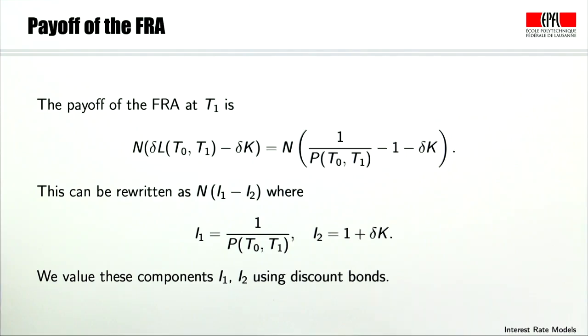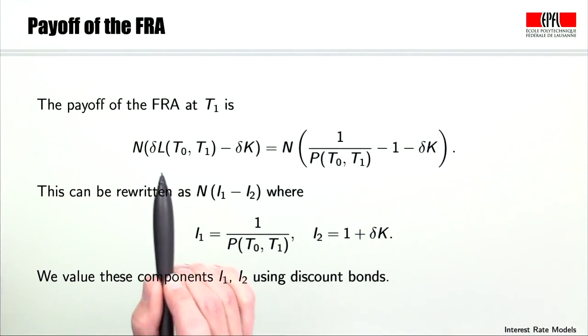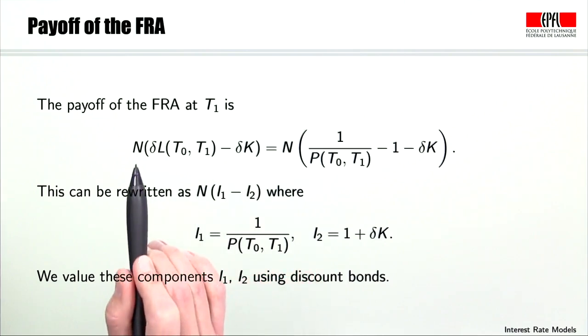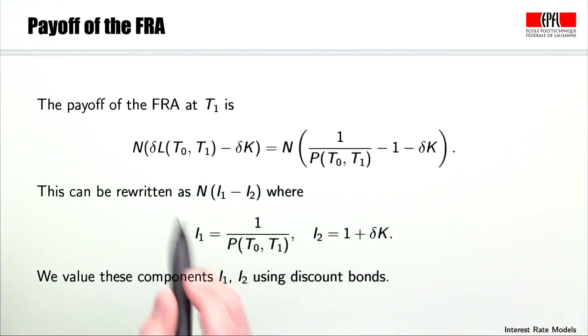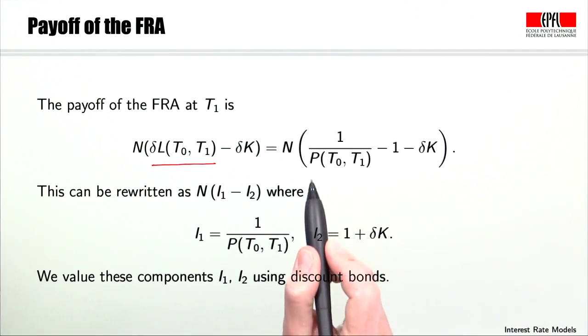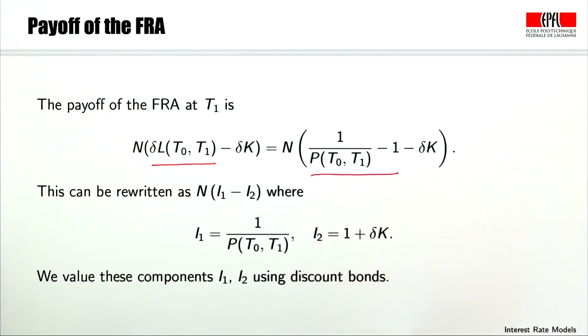We start by the payoff of the forward rate agreement at T1. Remember, it is given by the difference of the floating rate payment minus the fixed rate payment on the notional N. We now re-express this simple rate in terms of the T1 bond price at T0.